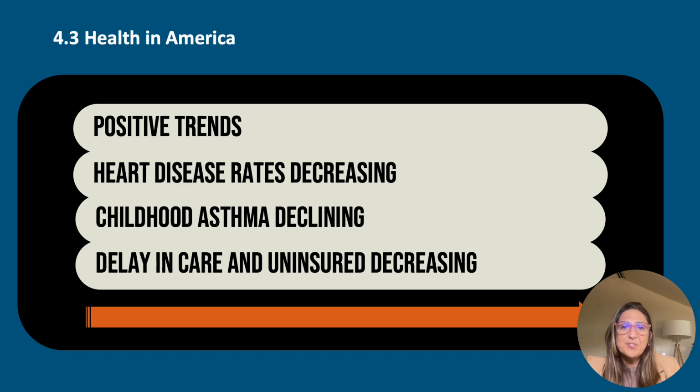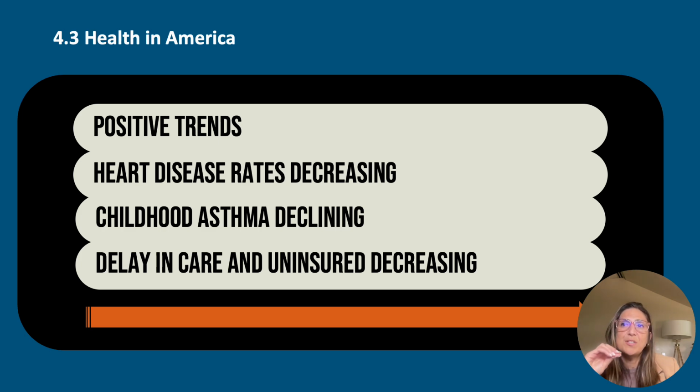So some positive health trends in the United States. So we see that heart disease rates are decreasing. The percentage of children with asthma is also declining. Smoking declined from 20.6% in 2009 to 14.2% in 2019.